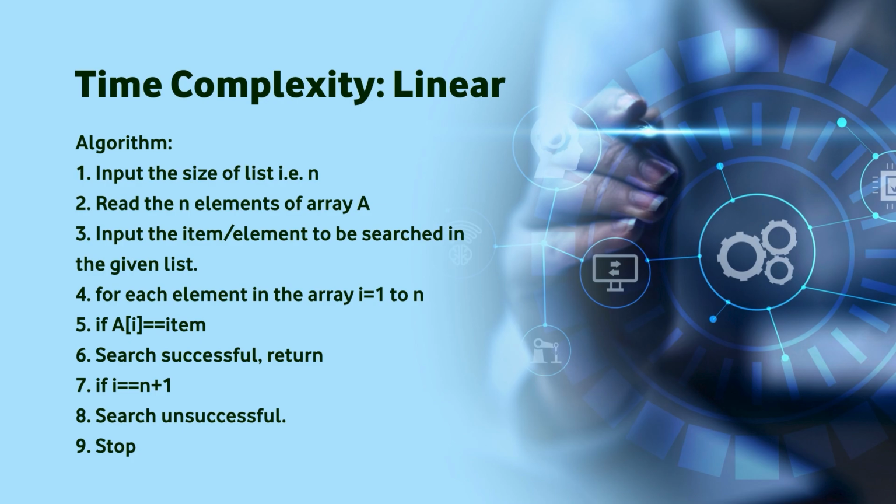If we meet a_i equal to item, the search is successful. Return: if i equals n plus 1, that means we iterated 1 to n and the element did not match any a_i, so we reached i equal to n plus 1, the element is not present, the search is unsuccessful, and we stop here.